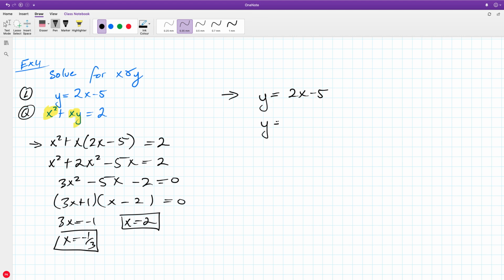We now have y is equal to 2 times minus a third minus 5. 2 times minus a third is minus 2 over 3, minus 5. What's minus 2 over 3 and minus 5? Minus 17 over 3.